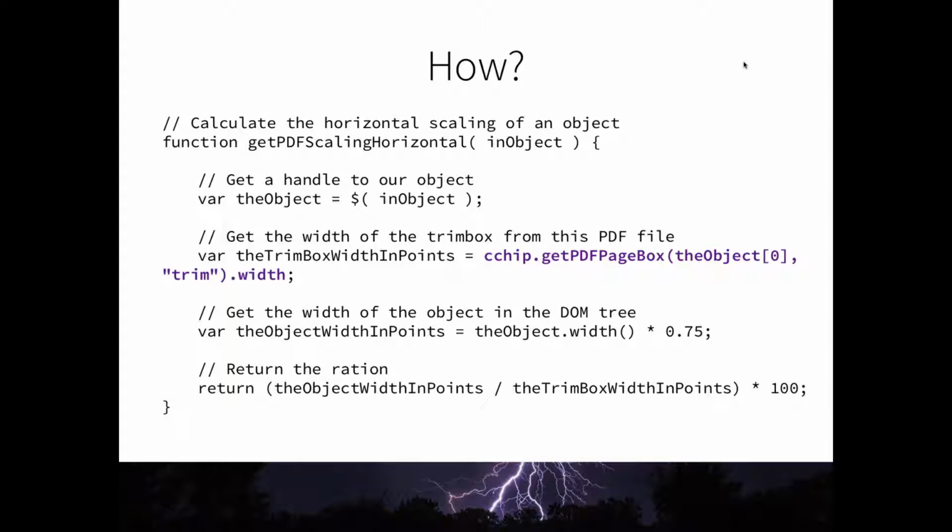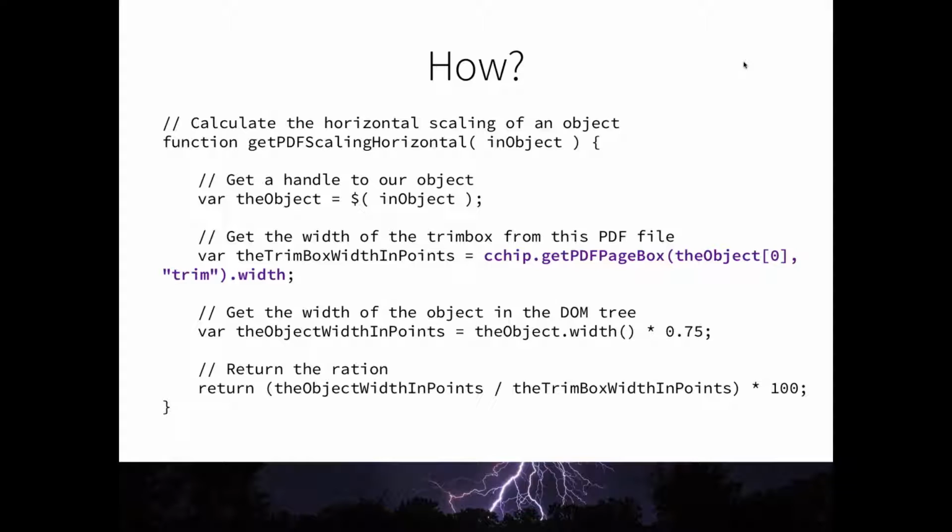So in this case, I allow you to specify an object that could be by ID, for example. In that case, it would be the pound sign, and then the name, the ID that you assign to that placed PDF document.